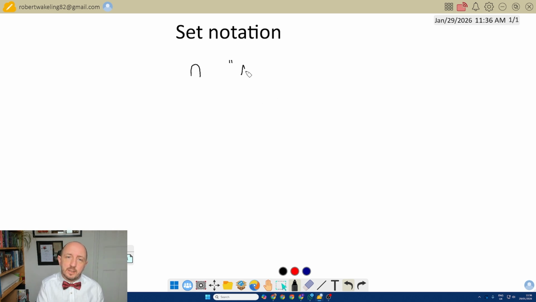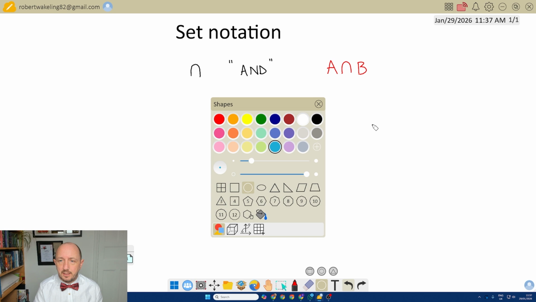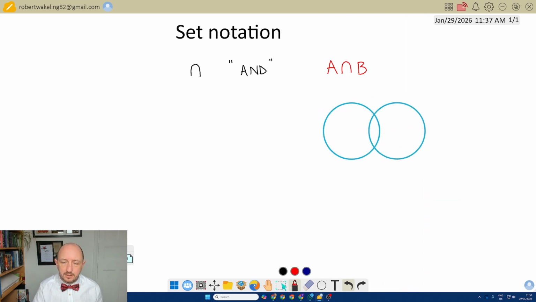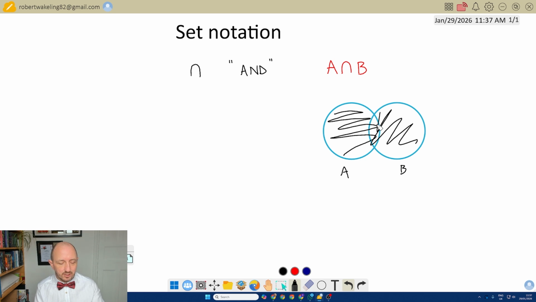And this we can translate to the English word "and". So you might have A ∩ B, like that, and this would mean that you're in set A and set B. So if we have a circle, something like this, and put them next to each other, then this would be set A, this would be set B, and to be in both, if you shade in all of A and all of B, it's where they cross over.